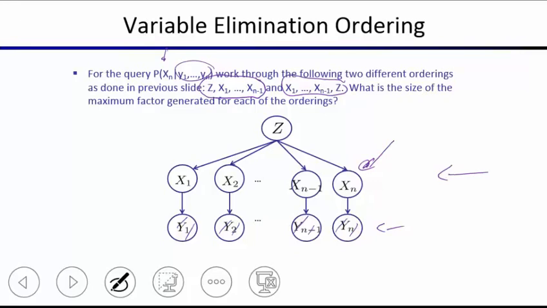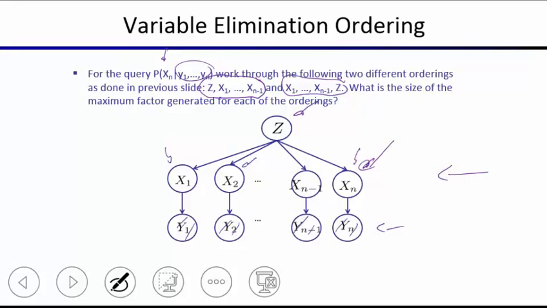What would happen if we eliminate z? When we eliminate z, we join together all factors that involve z. So which are the factors that involve z? Well, there is the distribution for z itself. Then any variable that's a child of z, its conditional distribution will involve z. So the table for x1 given z will be involved, the table for x2 given z, and so forth, all the way till xn given z.